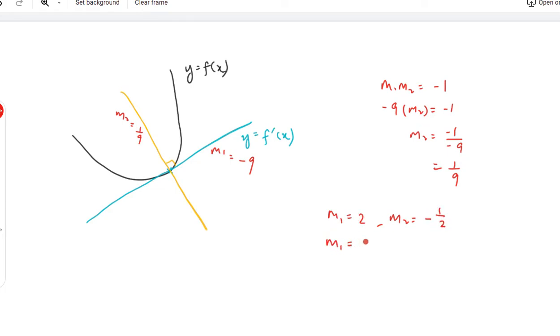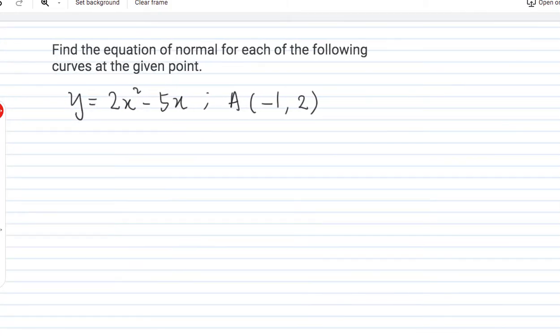If your M1 equals 1 over 3, your M2, meaning the normal, perpendicular to each other, equals positive become negative and then inverted, 3. If your M1 equals negative 5, M2 equals negative become positive and this one inverted, 1 over 5. Okay, so just turn it now.